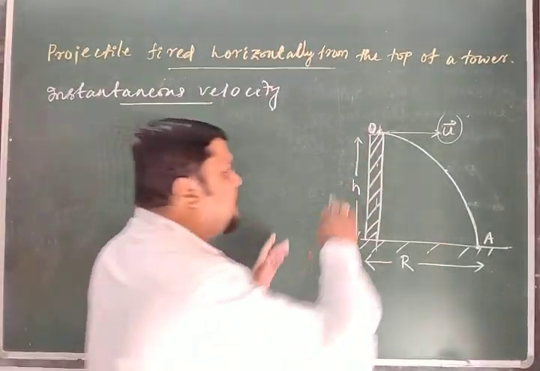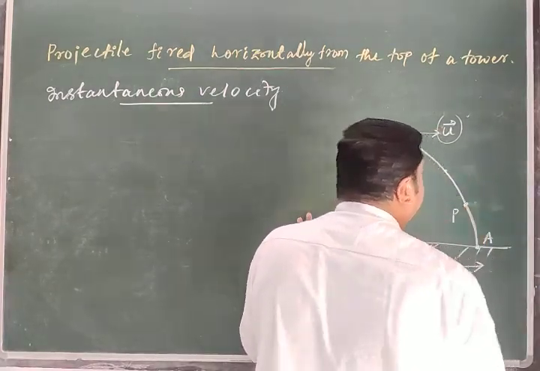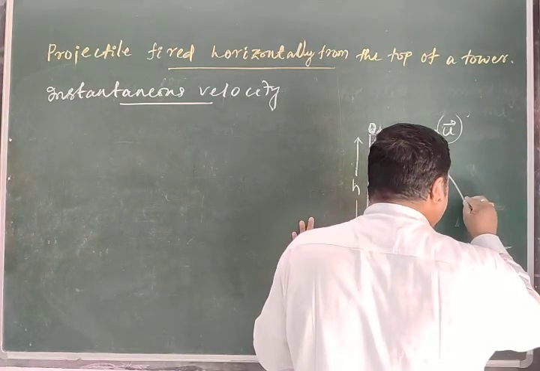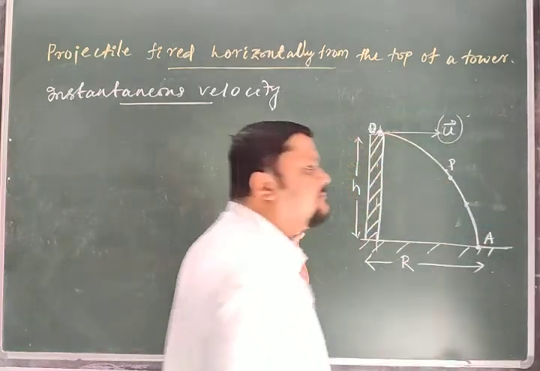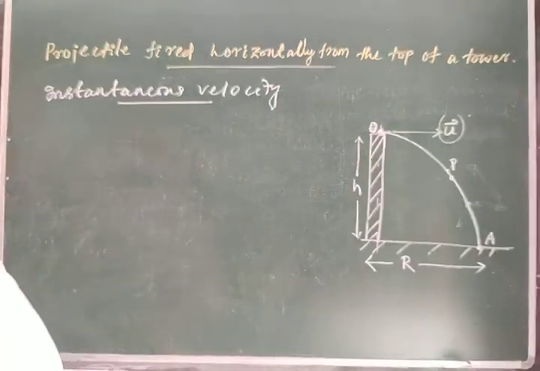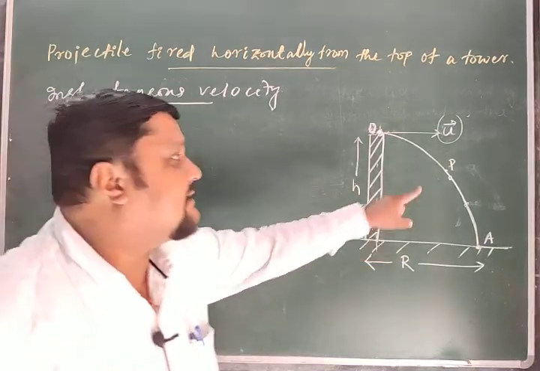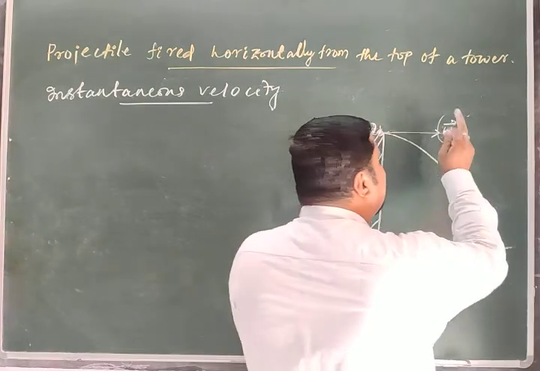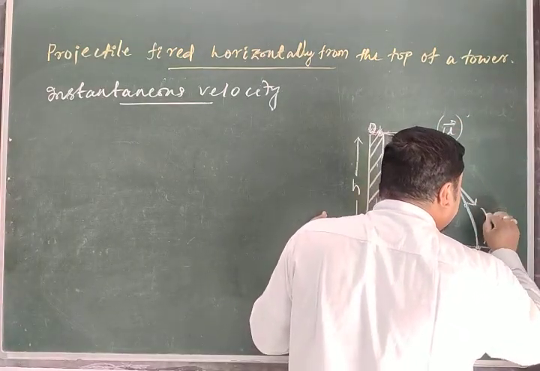Let the projectile reach a point P in an instant of time t. At that instant, what is its velocity, or the resultant velocity at the point P, that we have to calculate. Let us consider it is projected with velocity u, and when it reaches here, let this be the velocity v.